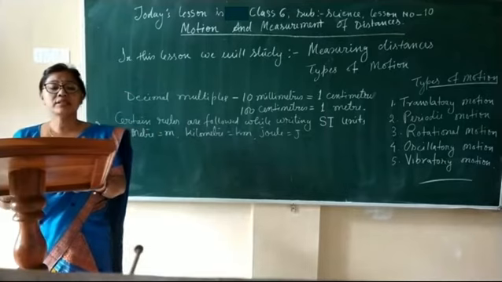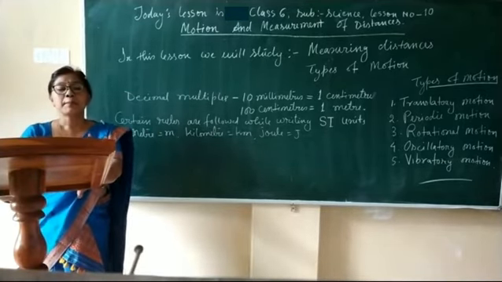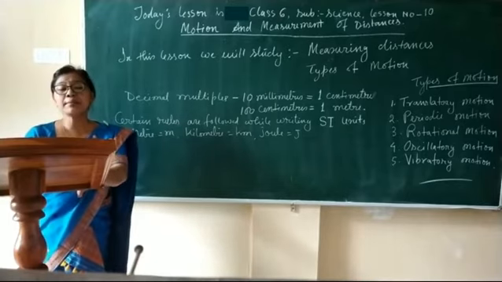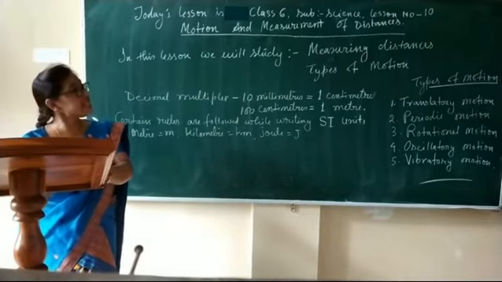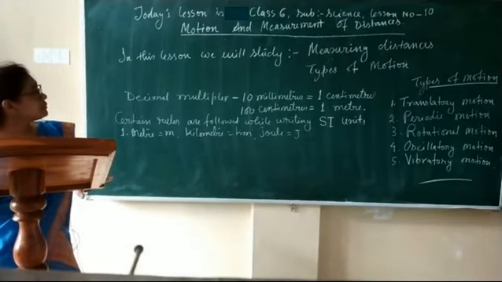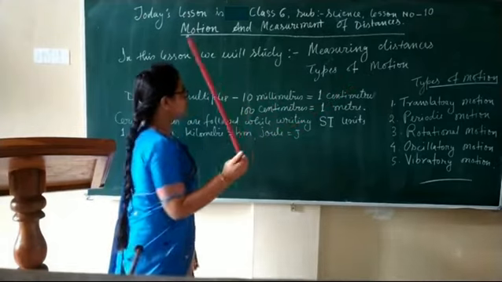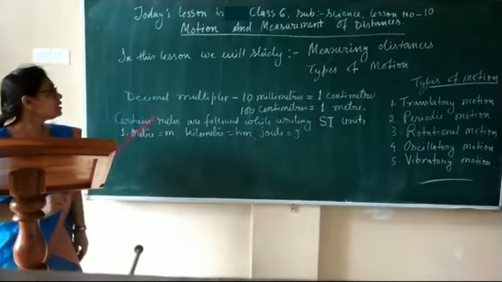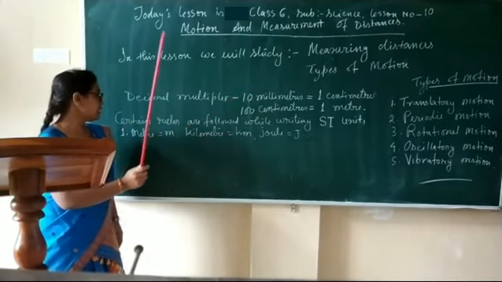So, children, we have come to the end of today's class, but let us repeat the main points of this lesson. In this lesson, we have studied measuring distances and types of motion, and there are decimal multiples already written on the blackboard, you can see.